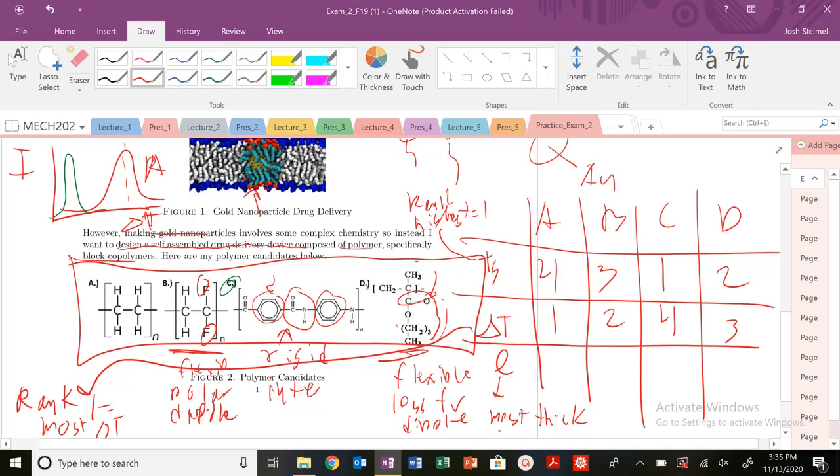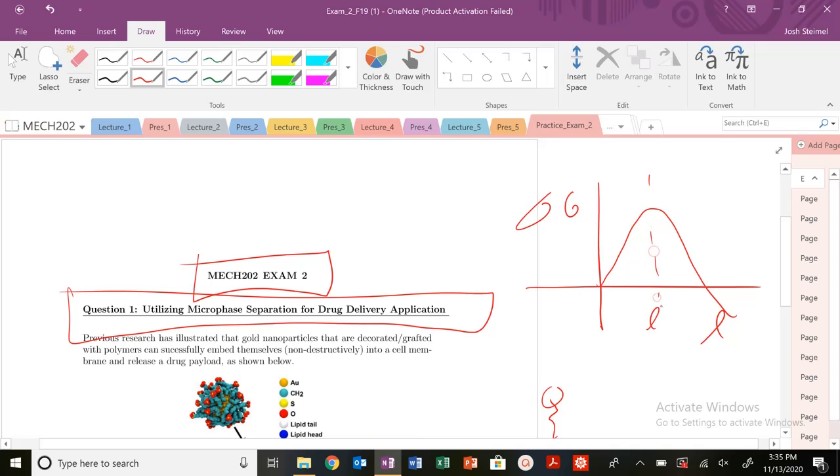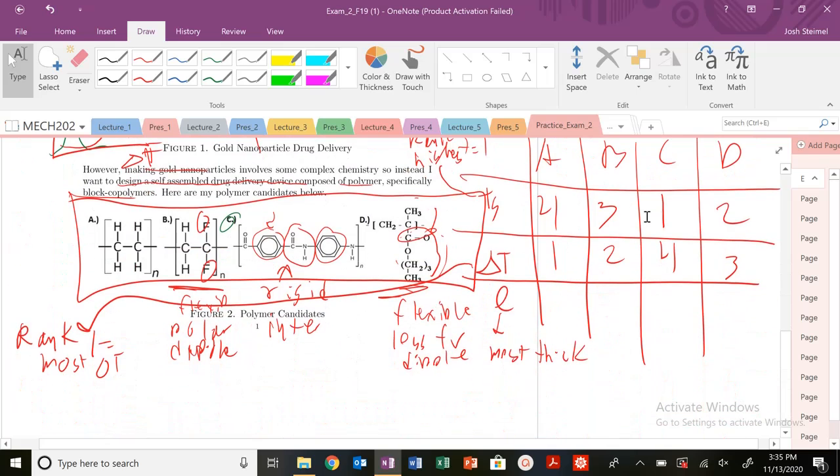So the most thick, if you look at our curves that we've been looking at in our problem sets, where we have delta G as a function of L, and you have this spike, so your L star prime is going to be the smallest for this, 4, 2, 3, and the largest, the most thick, will be A. Because remember, that molecule wants to wiggle around, so it's always this battle, right? And the same thing for the other parameter as well.